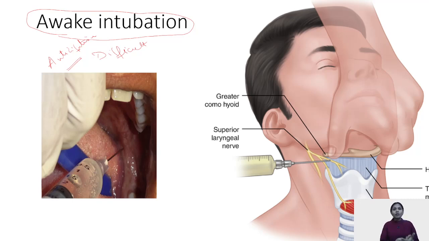For example, trismus patients, temporomandibular ankylosis patients, and patients with orofacial trauma where the anatomy is totally distorted and you have restricted mouth opening. In those anticipated difficult intubations, the choice of technique is awake intubation.